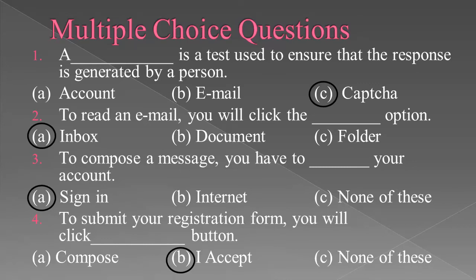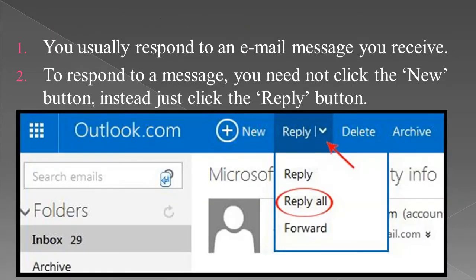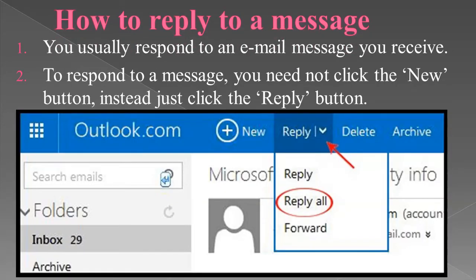Okay, move to next. How to reply to a message. You usually respond to an email message you receive. To respond to a message, you need not click the new button. Instead, just click the reply button. And then you follow step number 3.